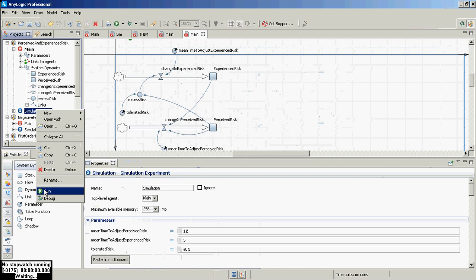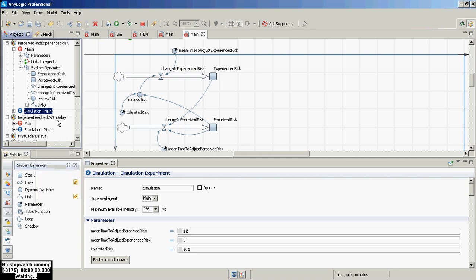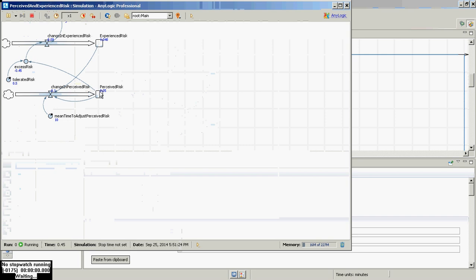If experience risk is well above tolerated risk, perceived risk will go up until the point where perceived risk equals tolerated risk. And in the meantime, it's going to be lowering experienced risk and counteracting it. But let's go up and run this thing, okay?